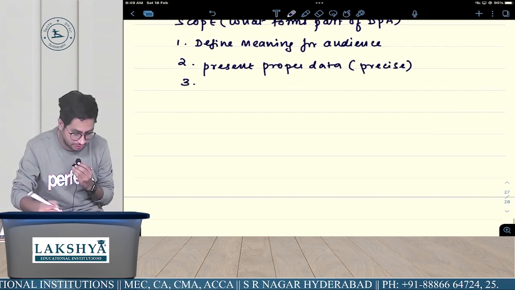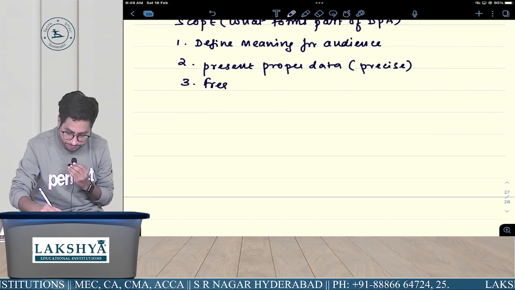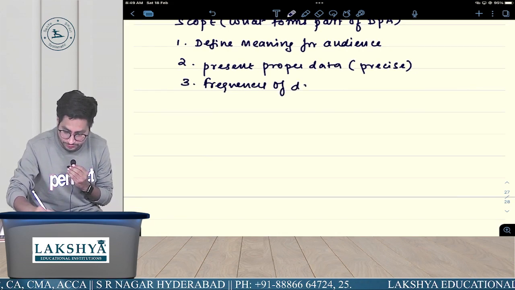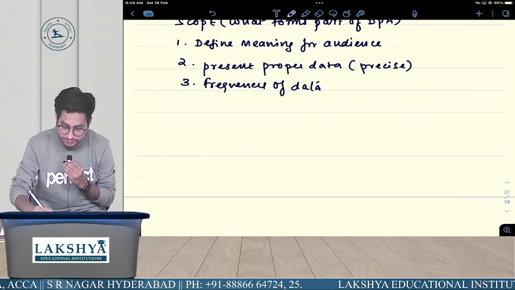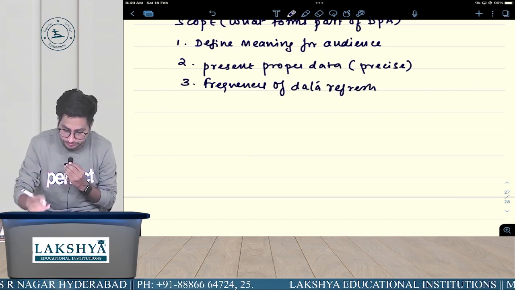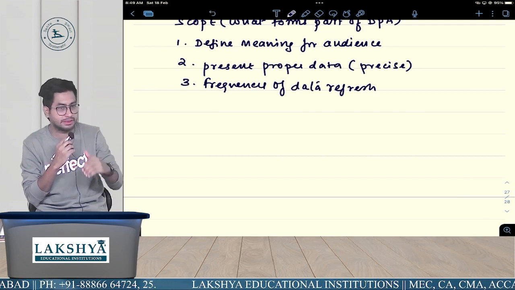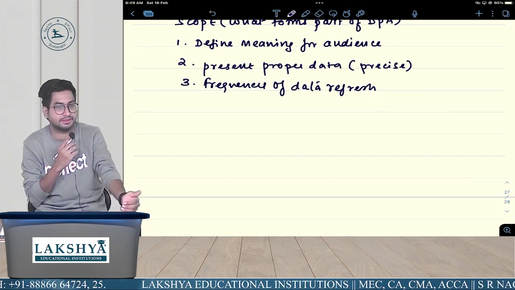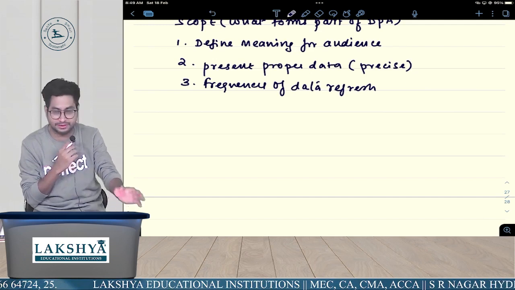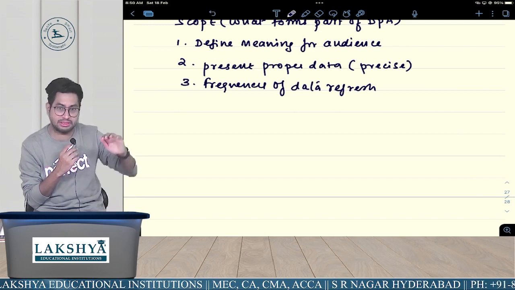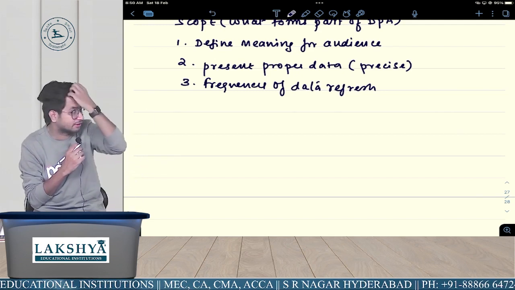Next, number 3. Frequency of data refresh. This is a very important point. Let us say I'm taking a data analytics batch in Lakshya right now. I'm writing some notes. After completing Lakshya, I have my next batch of data analytics in Tapasya.